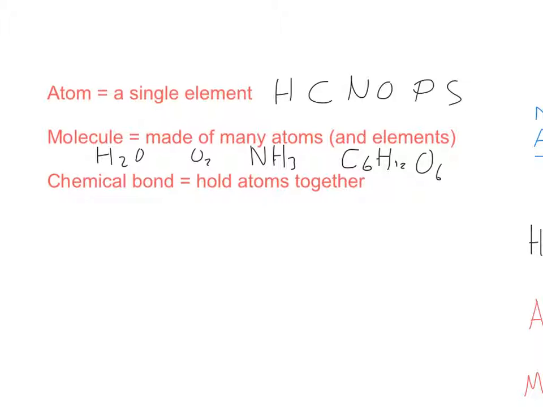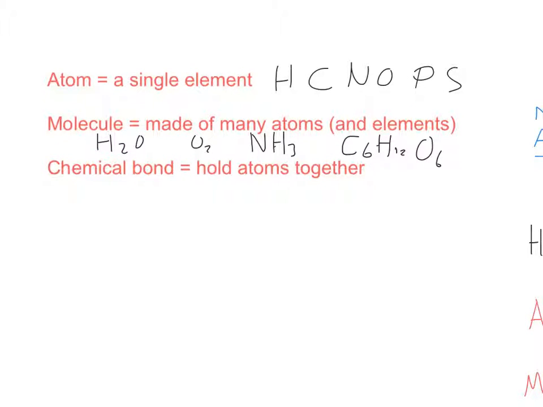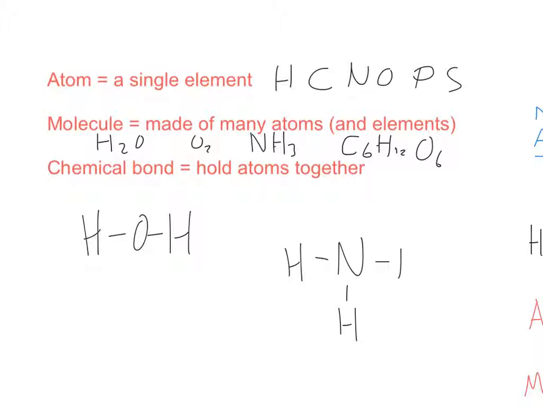And we indicate it with these numbers to tell us how many of each of that particular element we have in that molecule. And the last part is just the bonds that hold them together, such as with water, H2O, ammonia, which is nitrogen, and 3 hydrogens coming off of it.